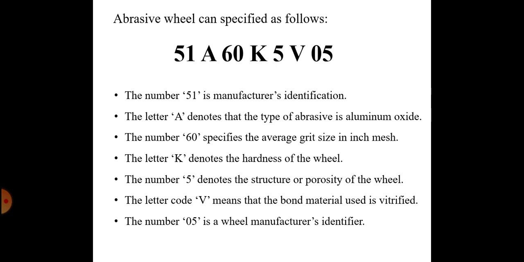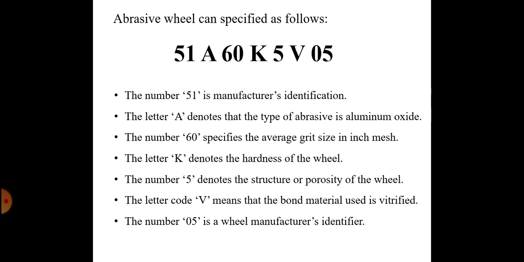This is the manufacturer's identity code. Letter A denotes that the type of abrasive is aluminum oxide. The number 60 specifies the average grit size.